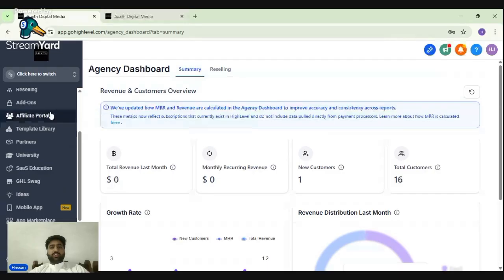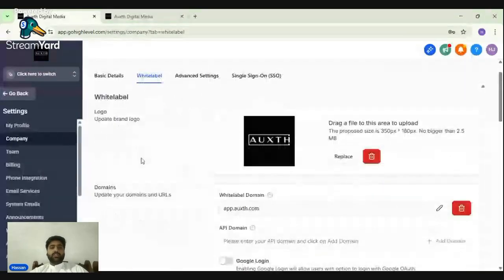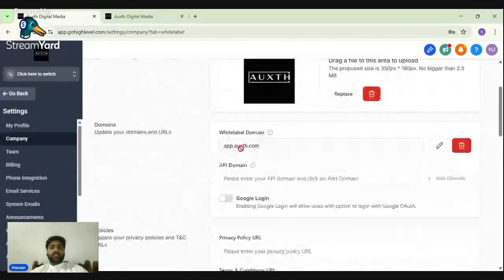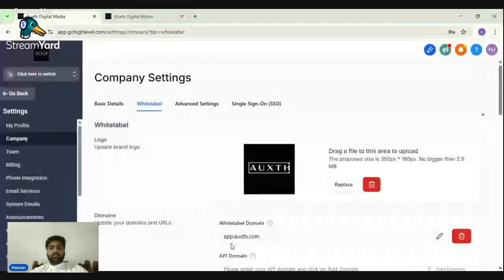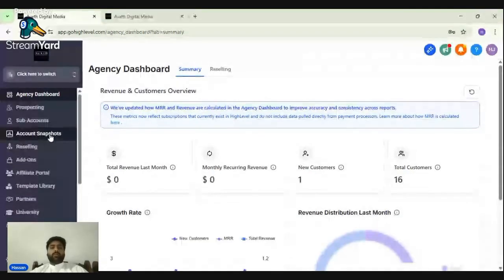As you can see, I have uploaded my logo and I have given them my domain. Whenever I register a new account, it contains this logo and is registered on this domain. So now you can understand what SaaS mode and white label are.